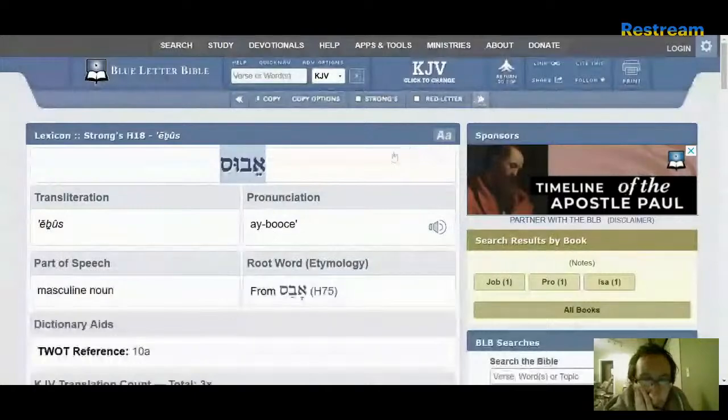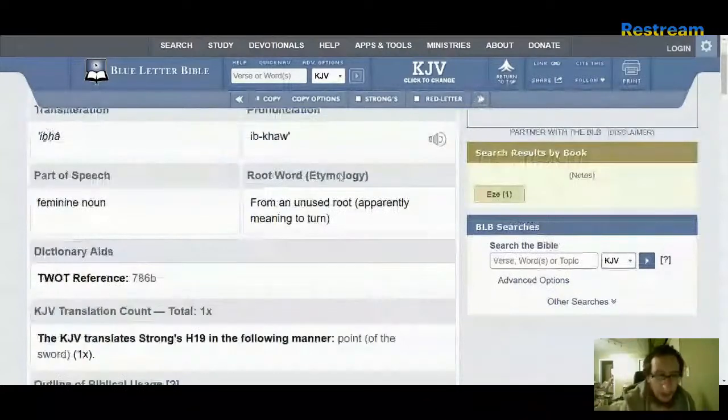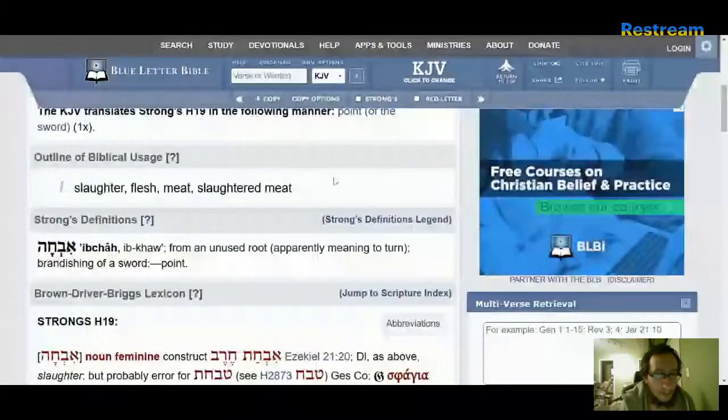So let's take a look at the Blue Letter Bible. Just going to go slaughter.